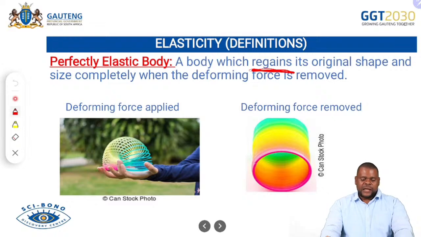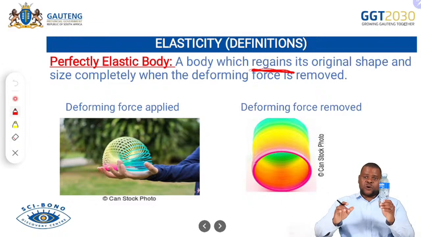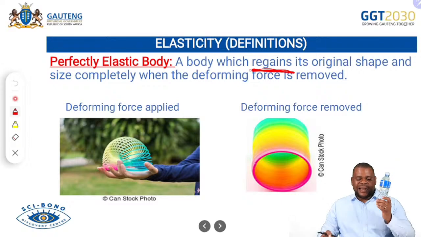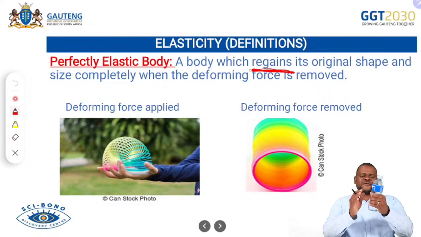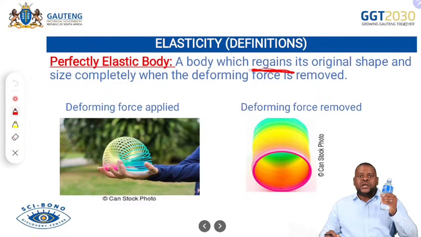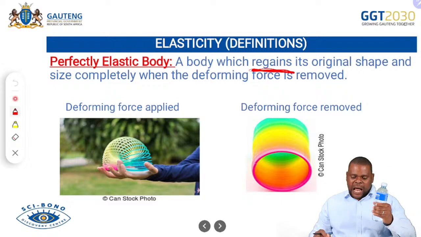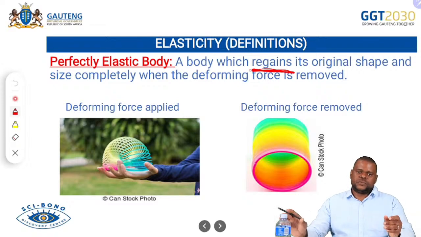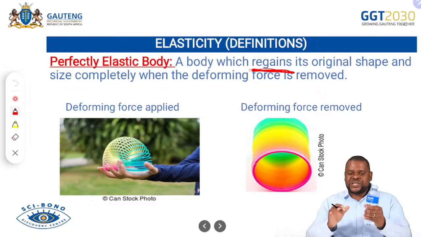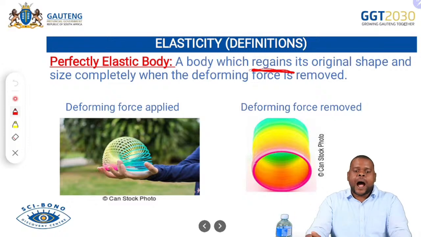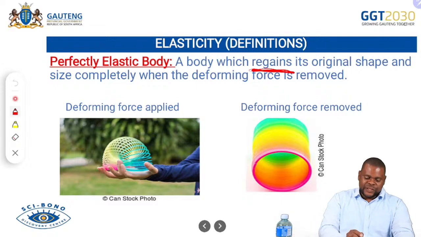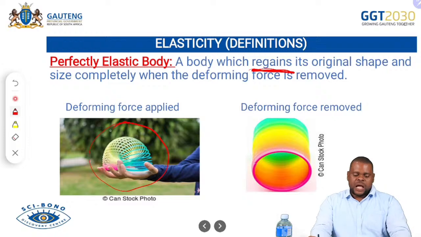If this bottle is a perfectly elastic body, after I've squeezed it, it will have the ability to regain its original shape after I've stopped applying the deforming force. This is an example of a perfectly elastic body.